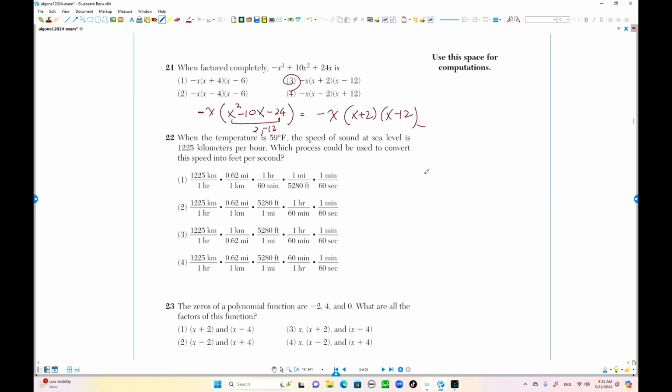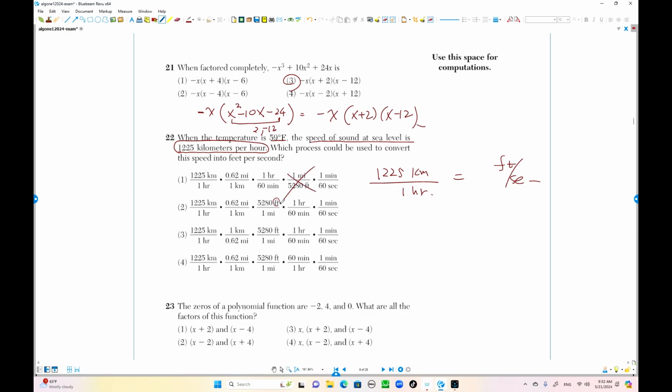Number 22. With temperature 59 Fahrenheit, speed of sound at sea level is 1225 kilometers per hour. That is per 1 hour. Okay. So we're gonna change this one into feet per second. Feet per second. First one, feet per second. There's no feet over here. That is wrong.